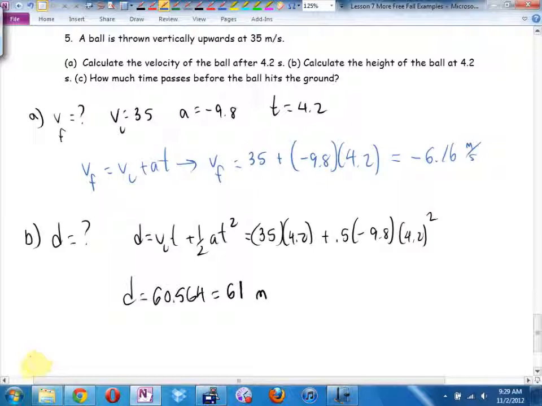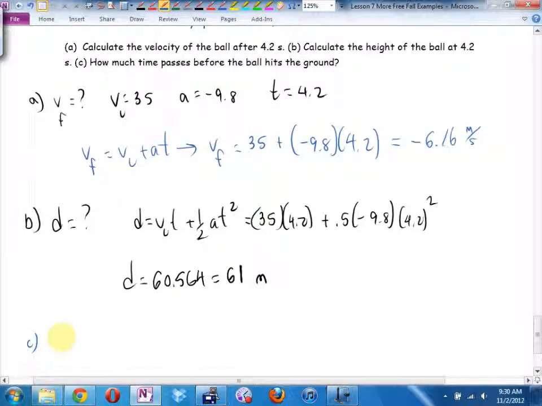C. What are they asking me to find? Okay, find it. Well, let's list what we have. t equals question mark. v_i is 32. a is negative 9.8.